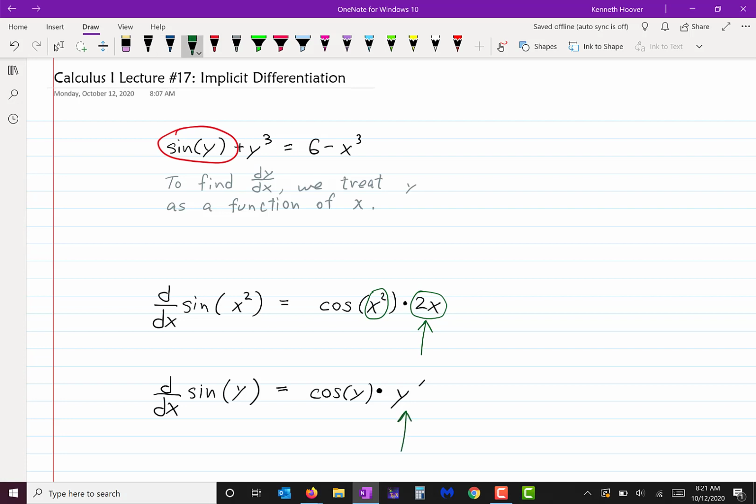Because of the chain rule. And where is it coming from? It's the derivative of this function. Remember, we're treating y as a function of x. So after doing the derivative of sine, which gives me cosine, then I have to multiply times the function that is on the inside. I multiply by the derivative of the function on the inside. That's what the chain rule says to do. Okay?